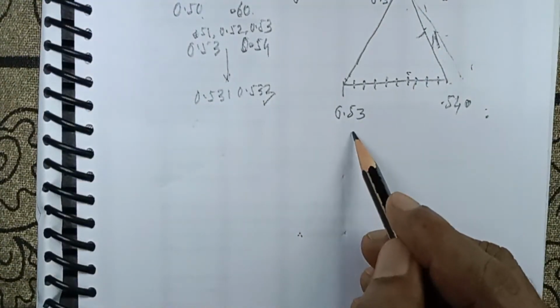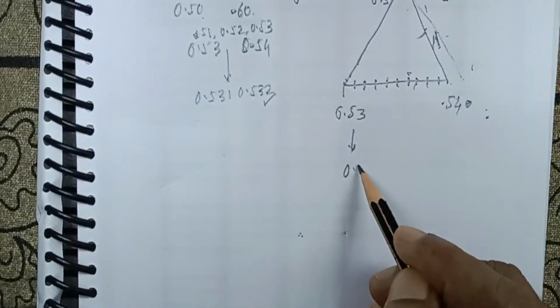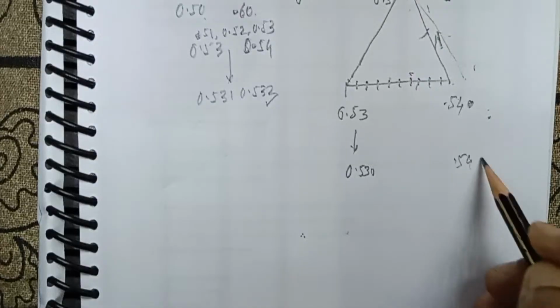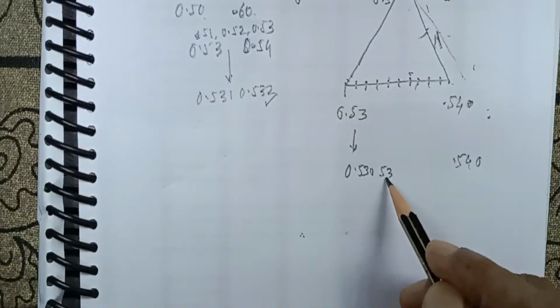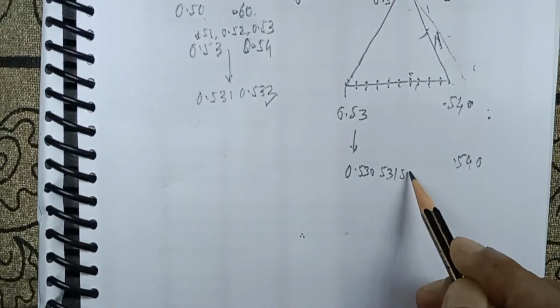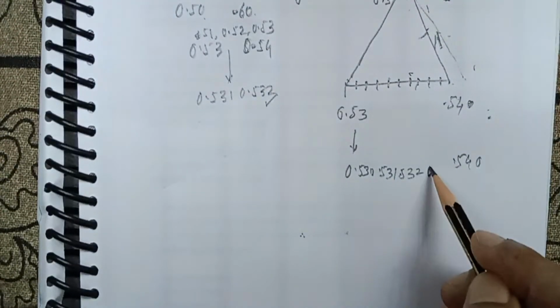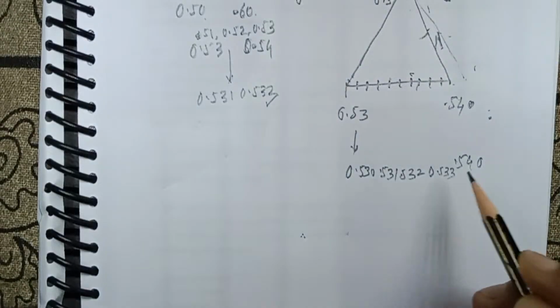So you can imagine it like this: 0.530, 0.531, 0.532, 0.533, like that.